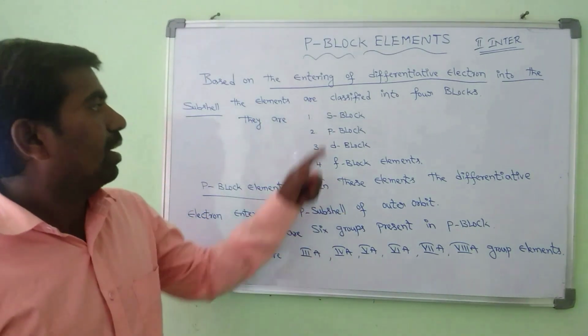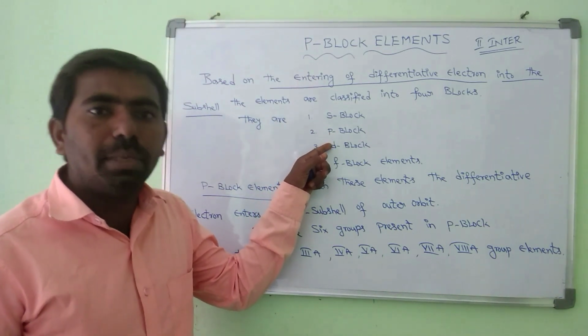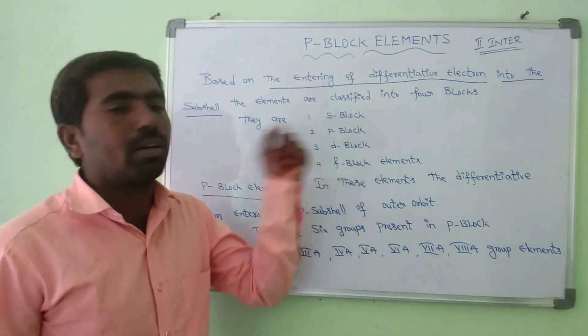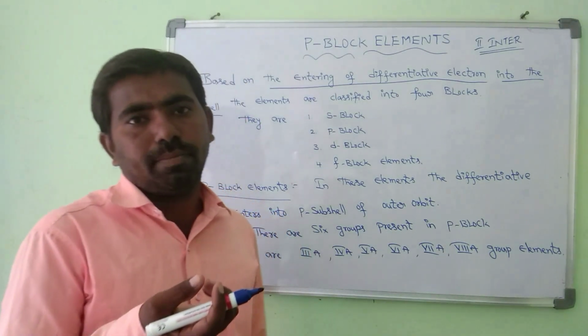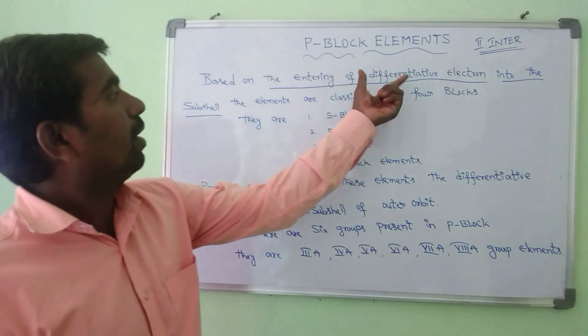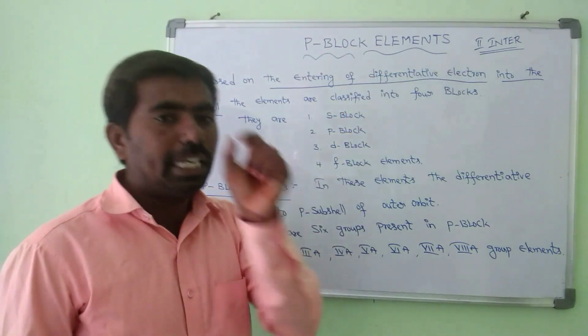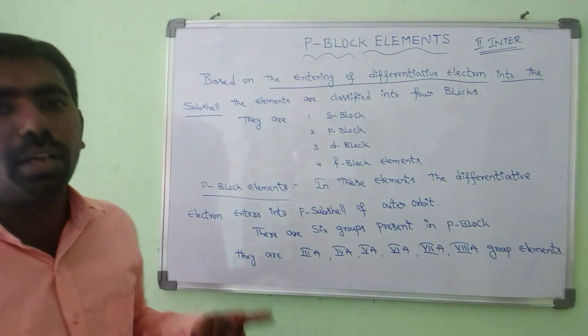They are S block elements, P block elements, D block elements, and finally F block elements. Now, what are P block elements?